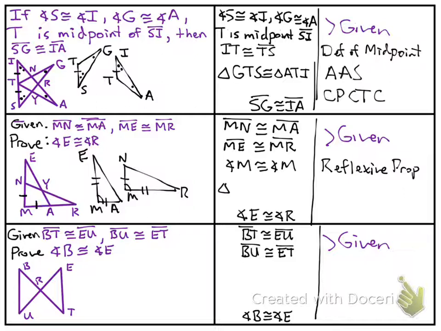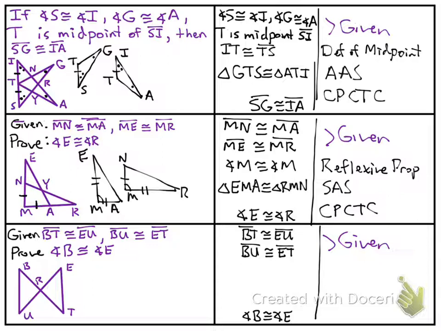So let's go EMA is congruent to, EMA went down the double line, single line, so we'll do RMN. And that will be by side, angle, side. And then we know that angle E is congruent to angle R because corresponding parts of congruent triangles are congruent.